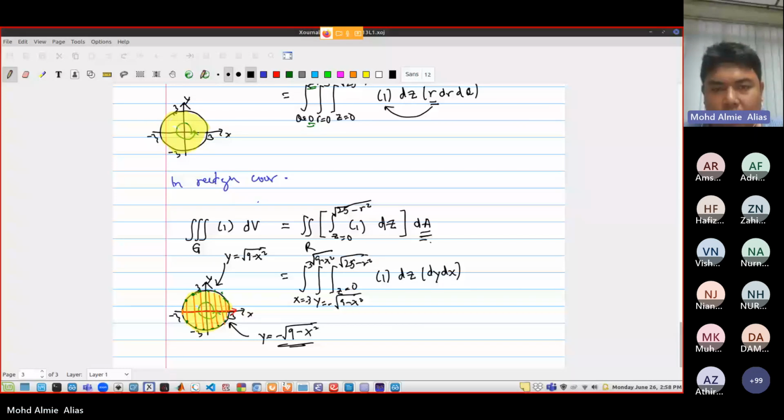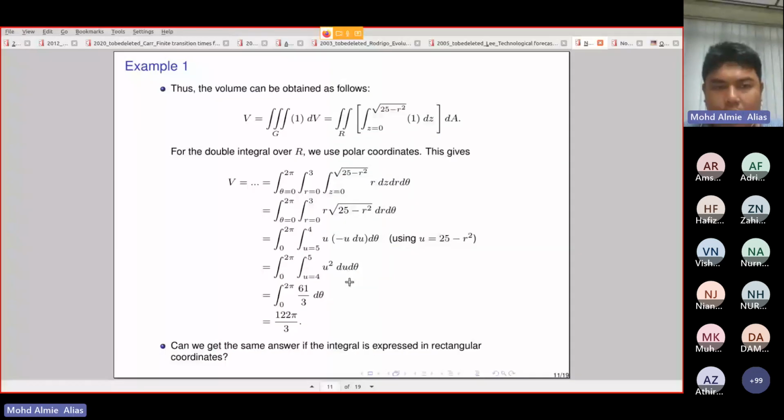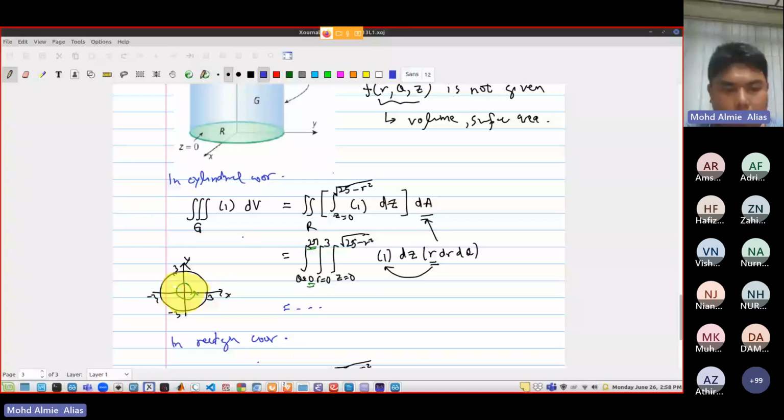So please try to do this yourself after this class. I don't know whether this is doable or not. I think it can be solved, and you're supposed to get the same answer as this actually.